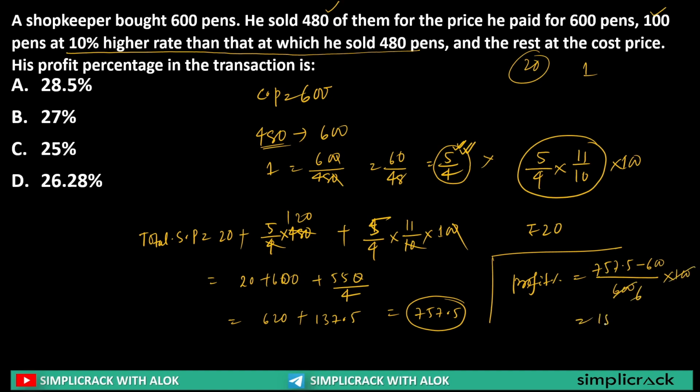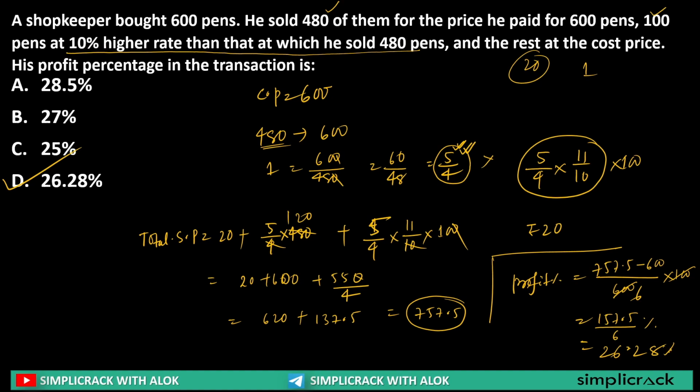This will be 157.5 divided by 6 percentage, which is equal to 26.25%. So it will be somewhere around 26.28 percentage.